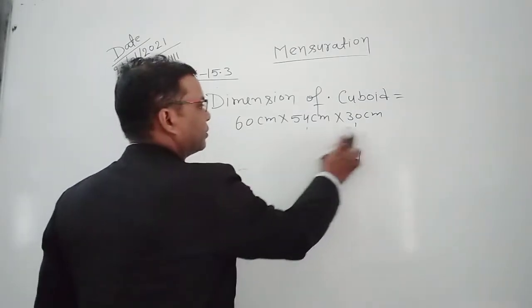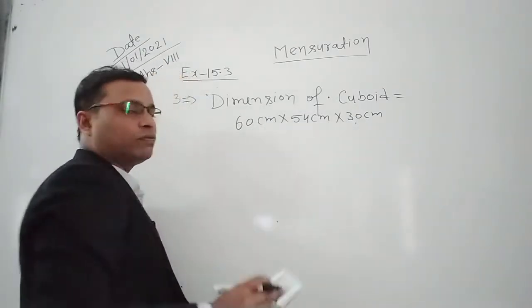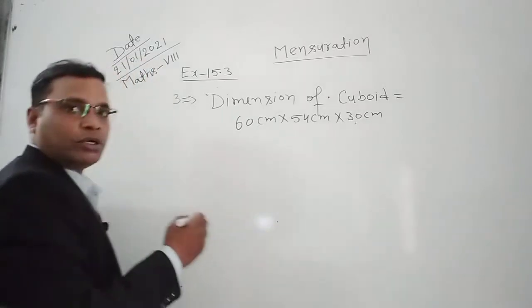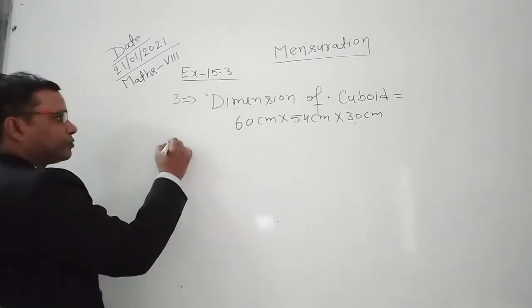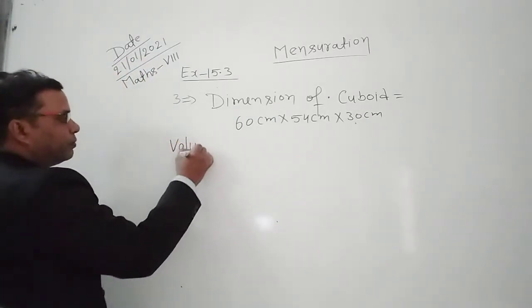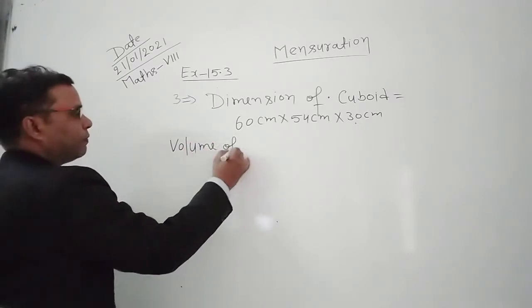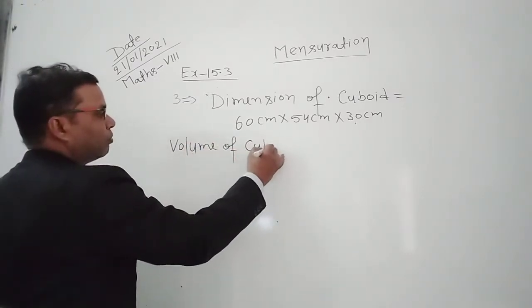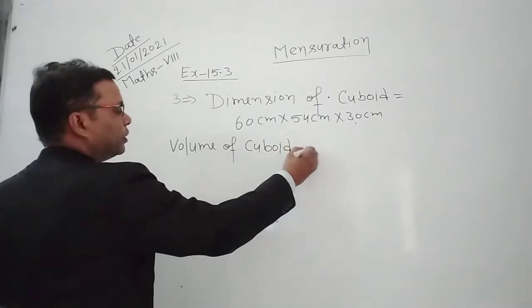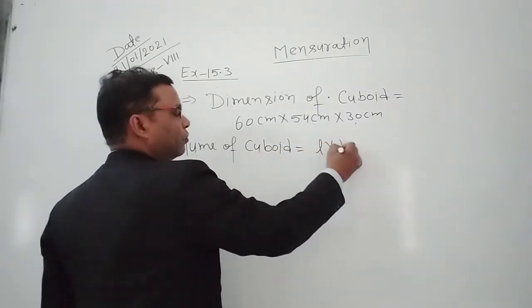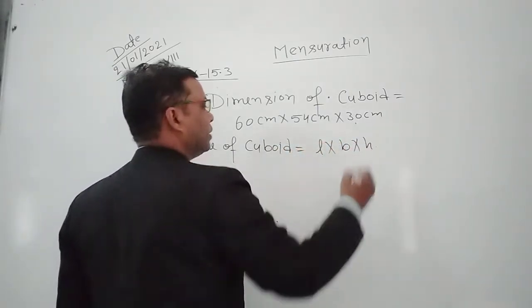So first we find the volume of the cuboid. You know very well how to find the volume of a cuboid. Volume of cuboid is equal to length into breadth into height.